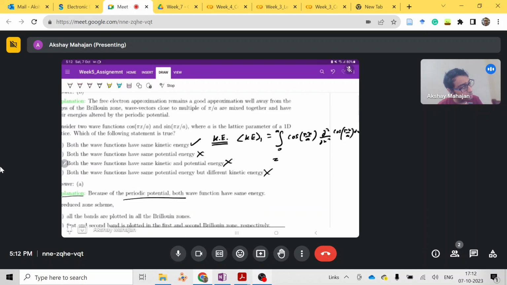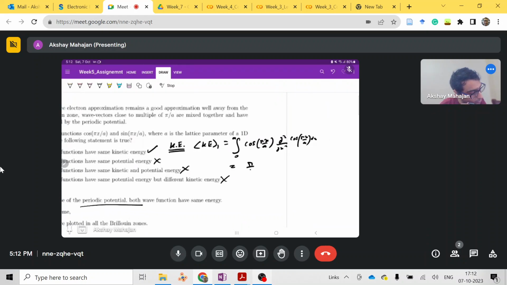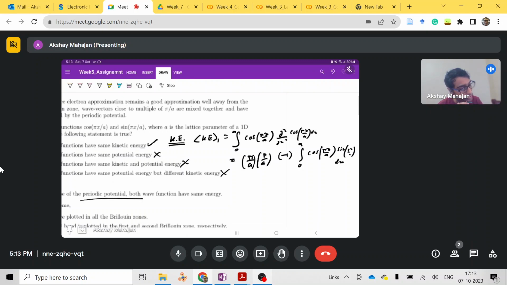Ignoring the constants, you have pi by a squared. Differentiating cos gives minus sin, and differentiating sin gives cos with a minus sign, so you get a negative value, integrated from 0 to a of cos pi x by a times cos pi x by a. You can integrate this, and there will be some cos 2 pi x by a term. So this is the kinetic energy 1.